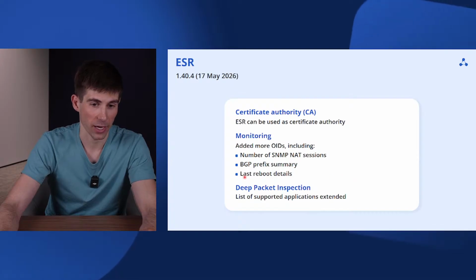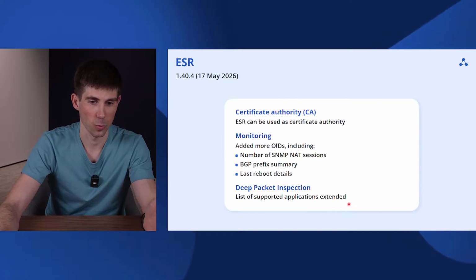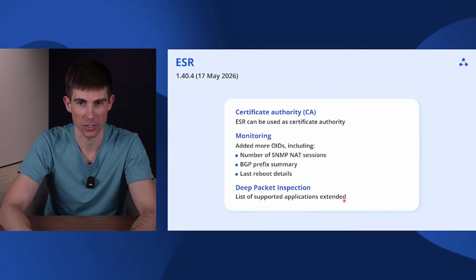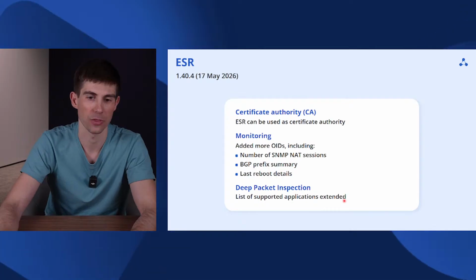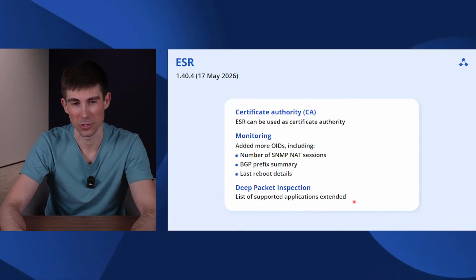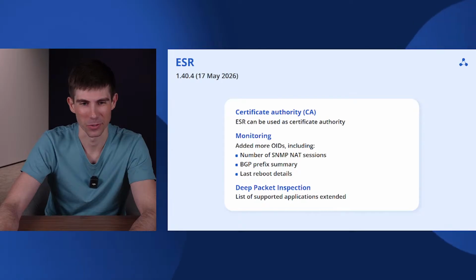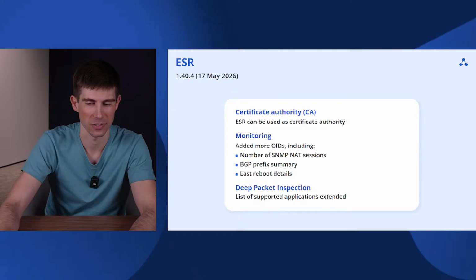And the deep packet inspection, same thing. We are extending the list of the applications that we support filtering for, and the whole list is about 600 of these applications. It won't fit into the slide. You will definitely want to check it out in the documentation if you are interested in this type of functionality.